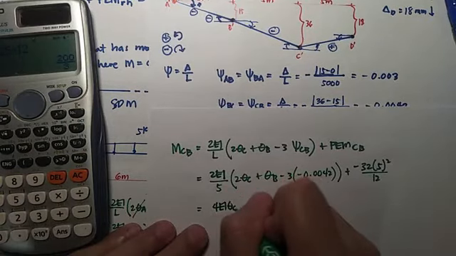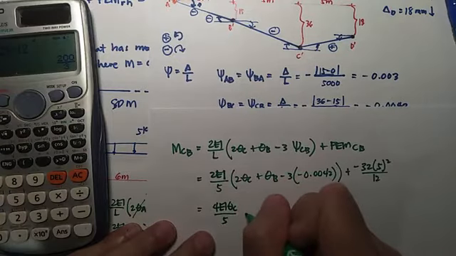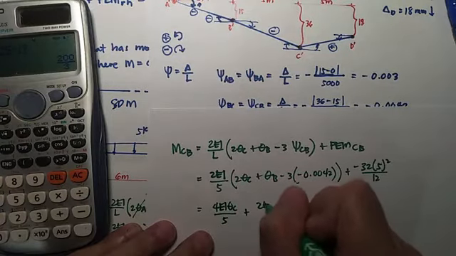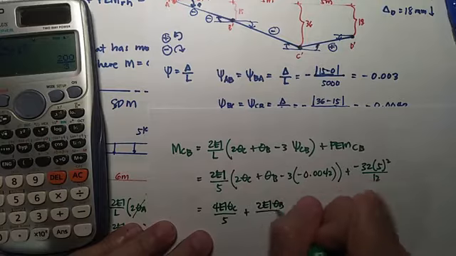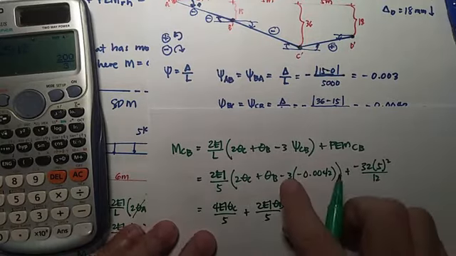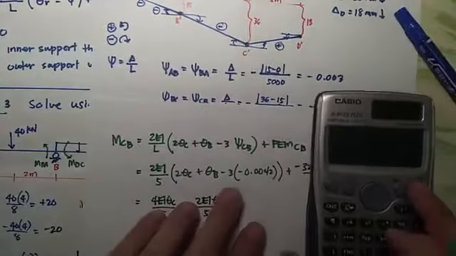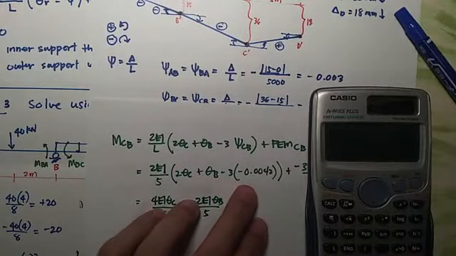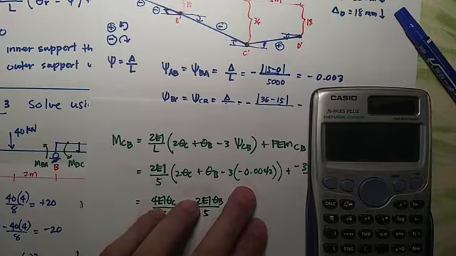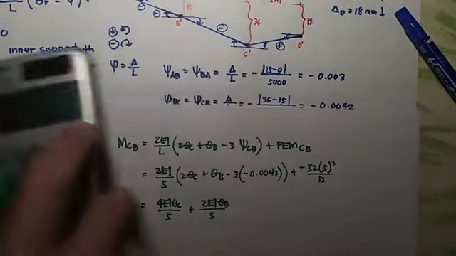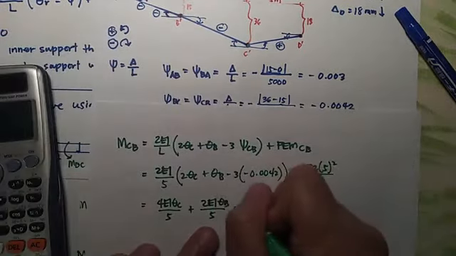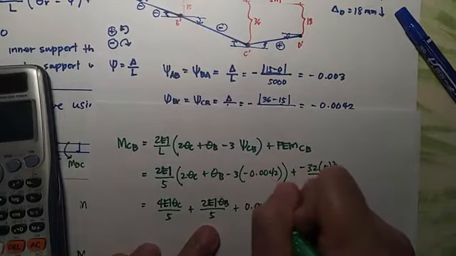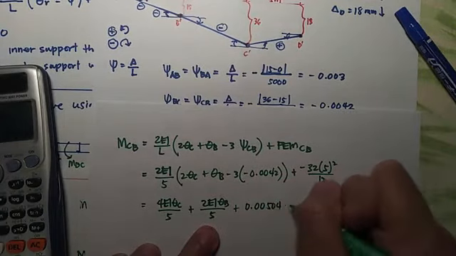4EI theta C over 5 plus 2EI theta B over 5. Tapos ito naman, 2 over 5 times 3 times 0.0042. So that is, negative negative is positive, 0.00504 EI.